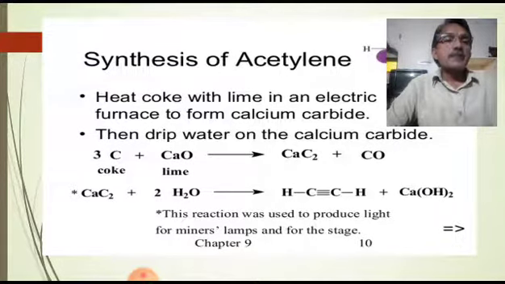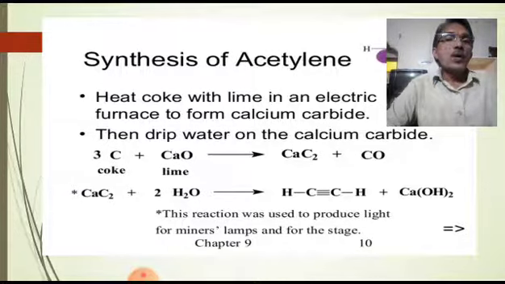Acetylene gas is prepared in a laboratory by the hydrolysis of calcium carbide. Calcium carbide upon hydrolysis gives acetylene. This is the laboratory method to prepare acetylene gas. In order to prepare calcium carbide, we must adopt the equation.